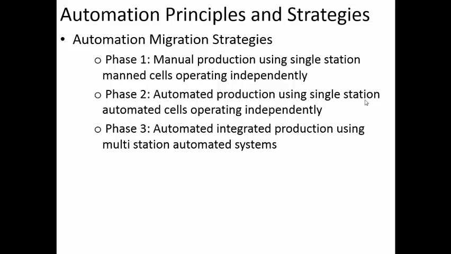This is how the automation migration is done, because in the first phase more people are required, in the second phase more investment is needed and a moderate number of people are required, whereas in the third phase very high investment is needed and the people are further reduced, because as the system complexity increases it can perform a lot of activities with fewer people, but the people are required in different areas and not in the actual production. So this is how the production of a component should be planned for automation. Going straight for automation will be a very risky activity.